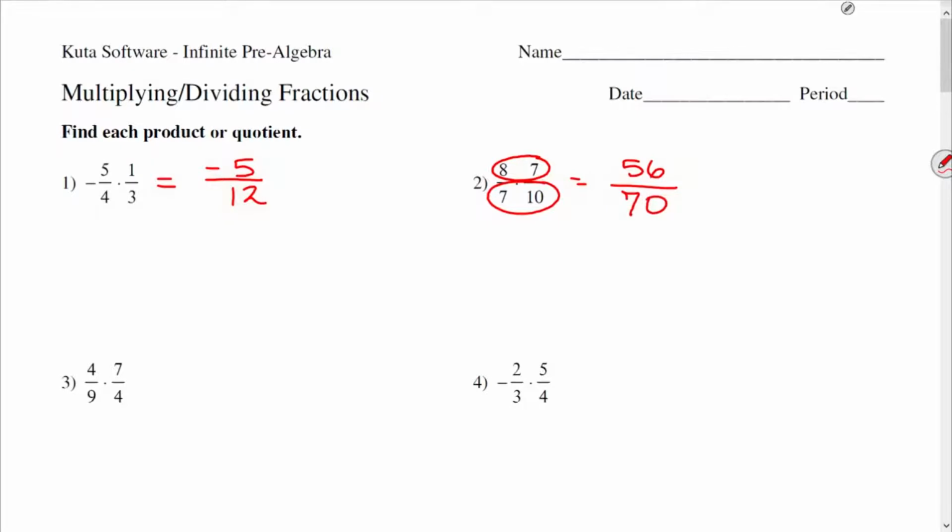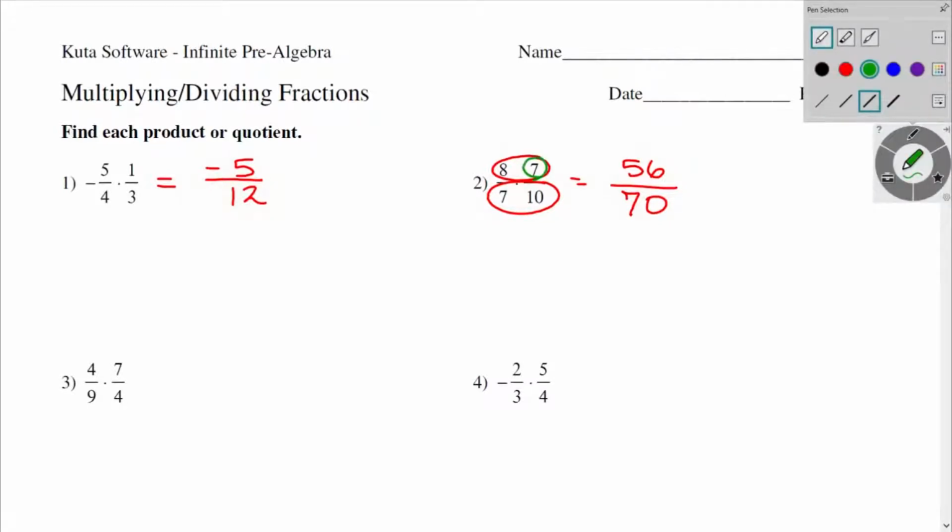But then I will have common factors. For example, I know that 7 will go into both of them. It goes into it 8 times and 10 times, but also 2 goes into it. 2 goes into 8 4 times, and 2 goes into 10 5 times.